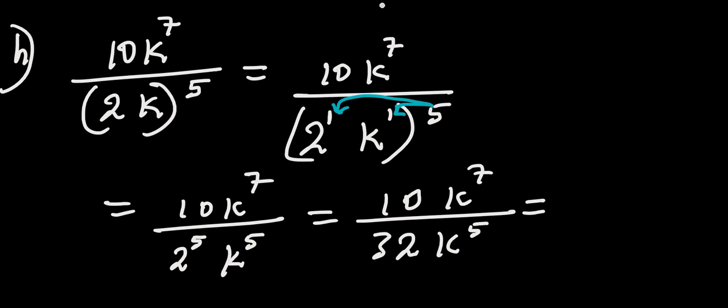So you can separate them into 10 over 32 times k to the 7th power over k to the 5th power.